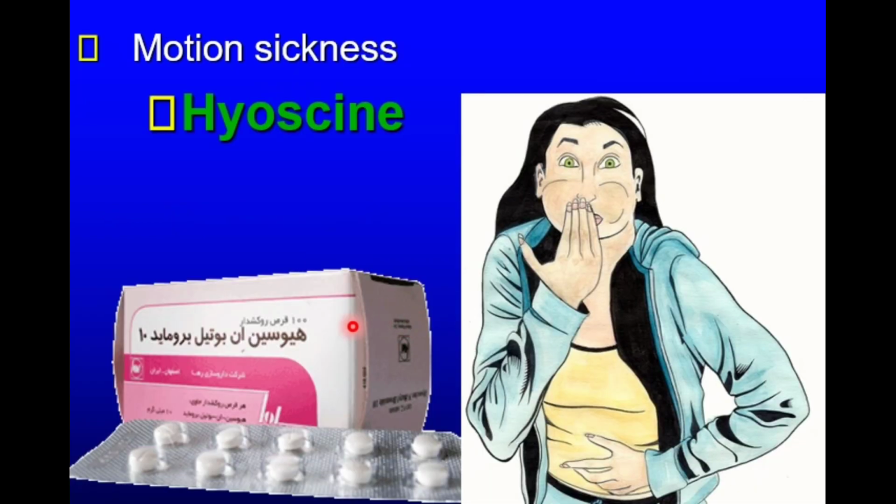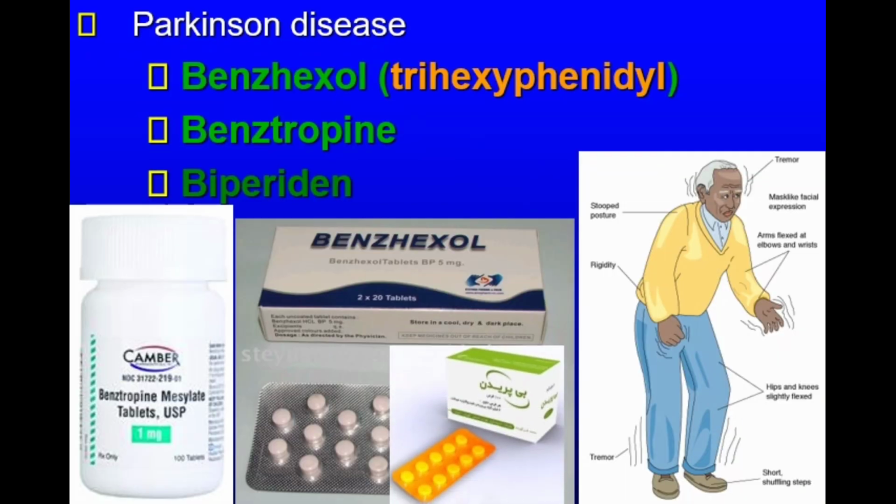Hyoscine is also used for prevention of motion sickness. It is a central nervous system effect. Another useful central nervous system effect of muscarinic antagonists is for treatment of Parkinson's disease, especially to counteract movement disorders caused by antipsychotic drugs.